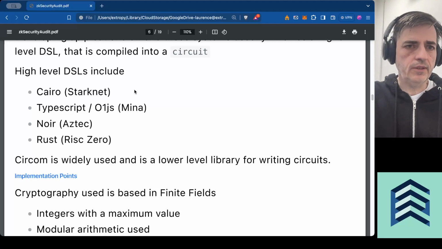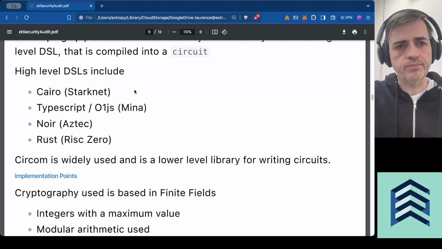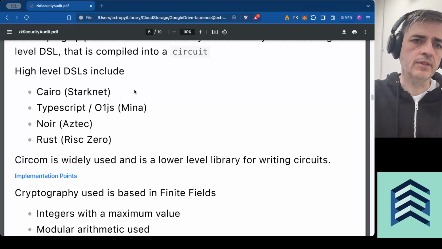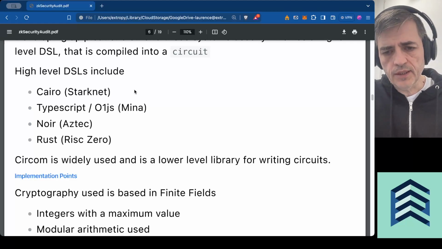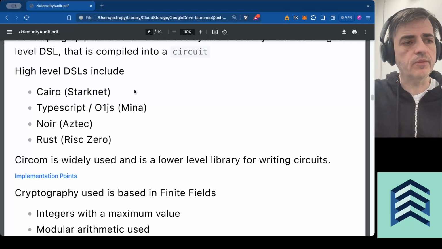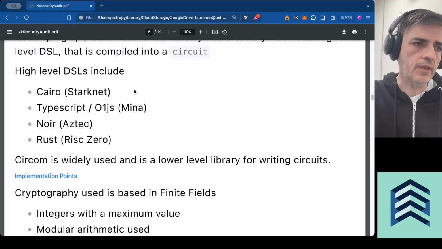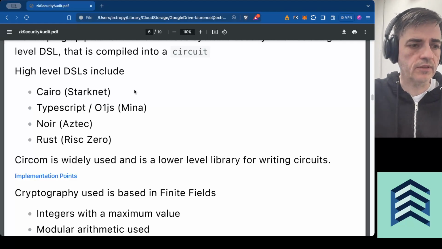Now, the way that the proof is created is that, for the setup of the system, we have this DSL, and that will then compile into a circuit, or maybe you're using Circom, and that will produce a circuit.